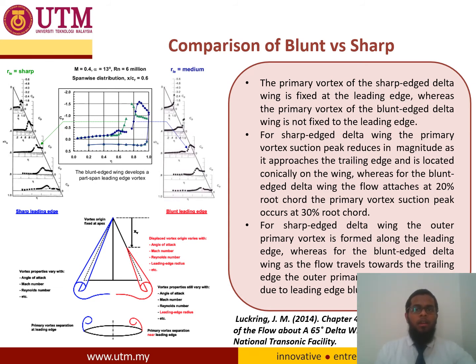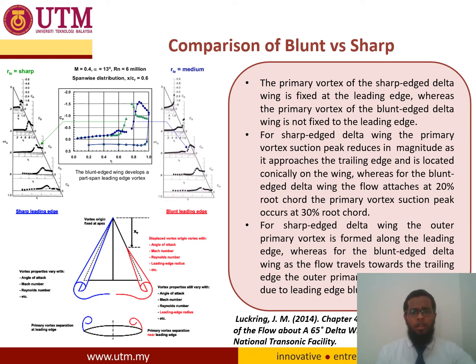The vortex suction pressure reduces in magnitude as it approaches the trailing edge, but in blunt edge, the flow attaches at 20%, and the vortex suction peak occurs at 30% root chord.